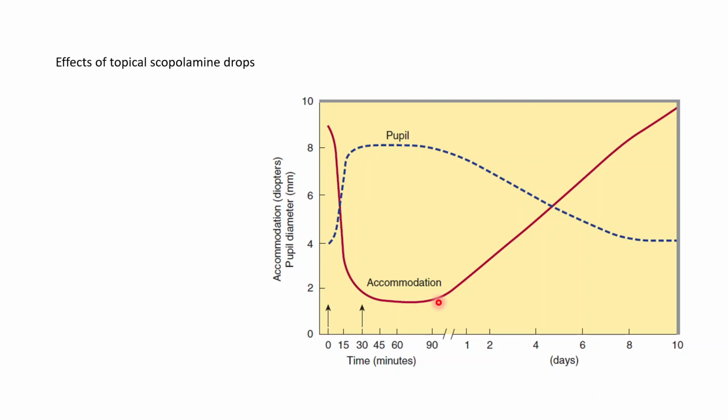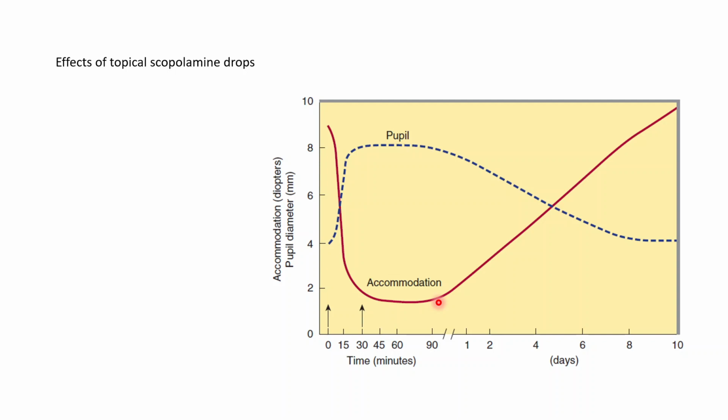Pirenzepine and telenzepine are selective M1 receptor blockers, and these muscarinic M1 receptors are located in the vagal ganglion that innervates the stomach.